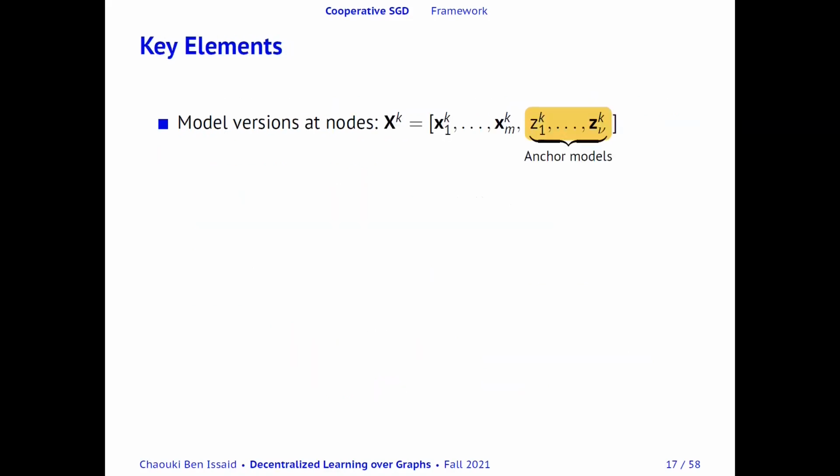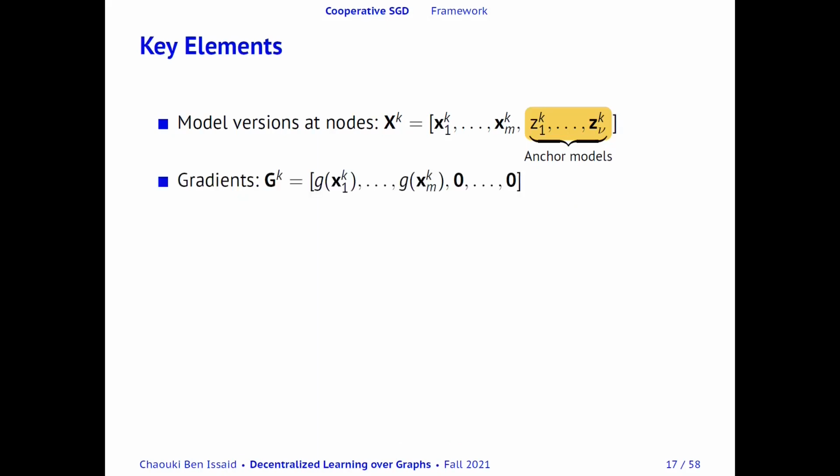To give the update of cooperative SGD, we start by defining the following quantities. First, we define the model versions at the nodes in one matrix X_k, where k denotes the iteration number. As you can see, we are introducing anchor models or auxiliary variables z_i here.